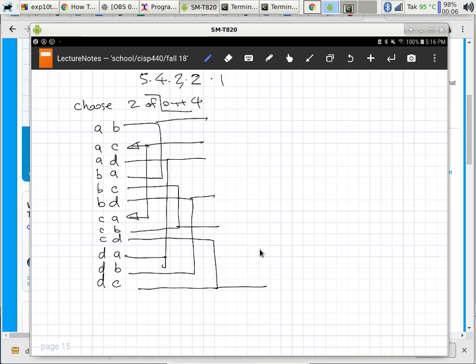Given any 2 things, you get 2 times 1 ways to shuffle the orders, so they appear distinct. So when you do the division, 4 times 3 is 12, divided by 2 times 1, which is 2, that's 6. So it is actually 6. We can have 6 ways of choosing 2 out of 4 items. It is also known as 4 choose 2 because we are counting the combinations.